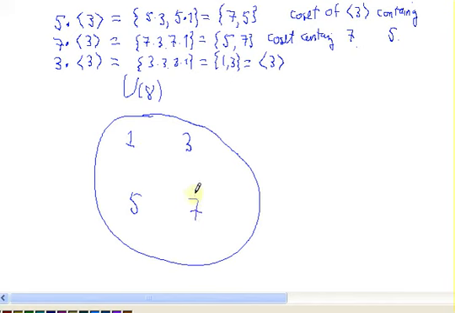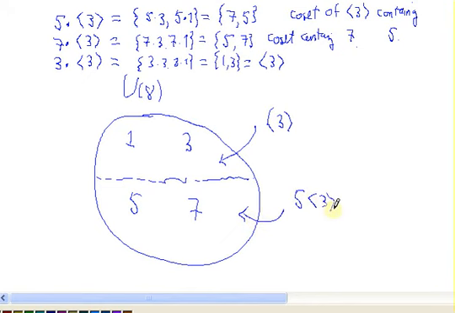Now notice that angle brackets 3 itself is the upper half of this set. So this part here is angle brackets 3. And the lower part here I could write as 5 angle brackets 3, and this is also equal to 7 angle brackets 3.